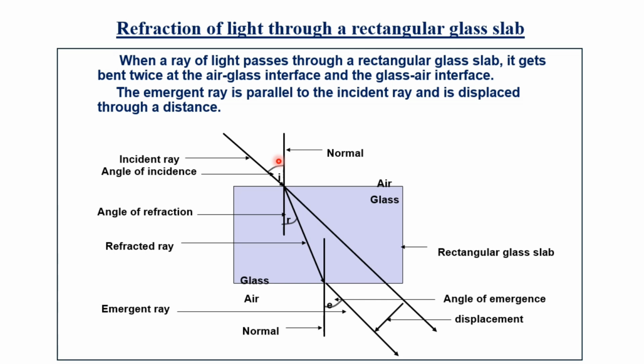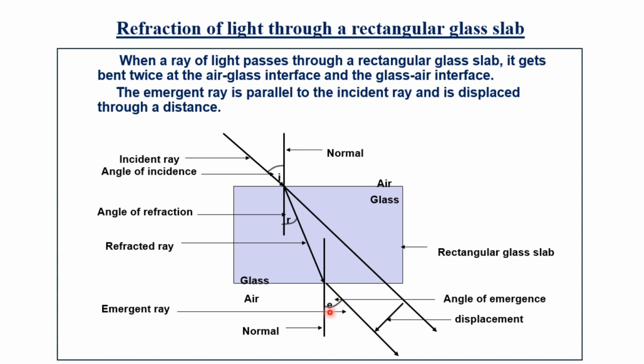Here it can be clearly seen: this is the incident ray, this is the normal, and the angle formed is the angle of incidence. Then here is the refracted ray with the normal, so this is the angle of refraction. Again this is a refracted ray, and the angle formed here is the angle of emergence.